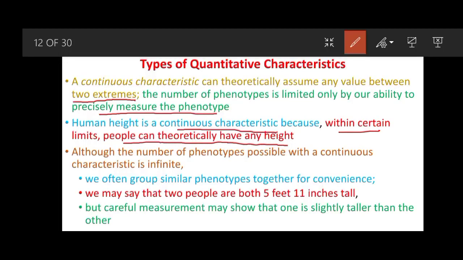Although the number of phenotypes possible with continuous characteristics is infinite, we often group similar phenotypes together for convenience. For example, we may say that two people are both 5 feet and 11 inches tall, but when their height is carefully measured, it may show that one is slightly taller than the other.